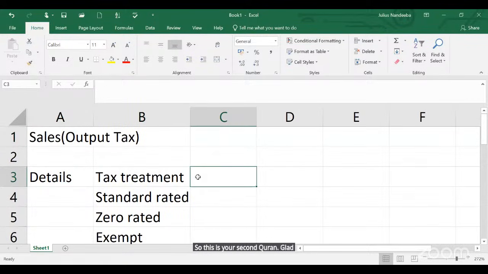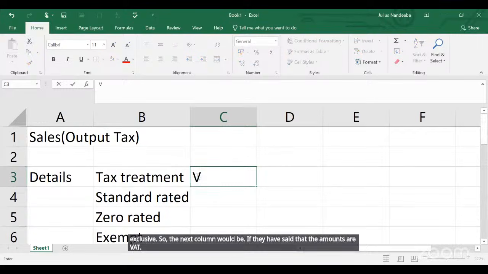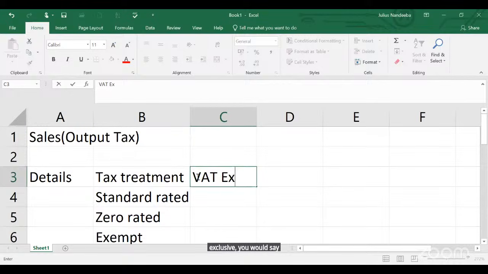Third column will depend on whether your sales amounts are inclusive or exclusive of VAT. So you will have an amount inclusive of VAT or amount exclusive of VAT, because the examiner will tell you whether the amounts are inclusive or exclusive. So the next column would be, if they have said that the amounts are VAT exclusive, you would say VAT exclusive amount. If they have said that it is inclusive, you would say VAT inclusive amount.